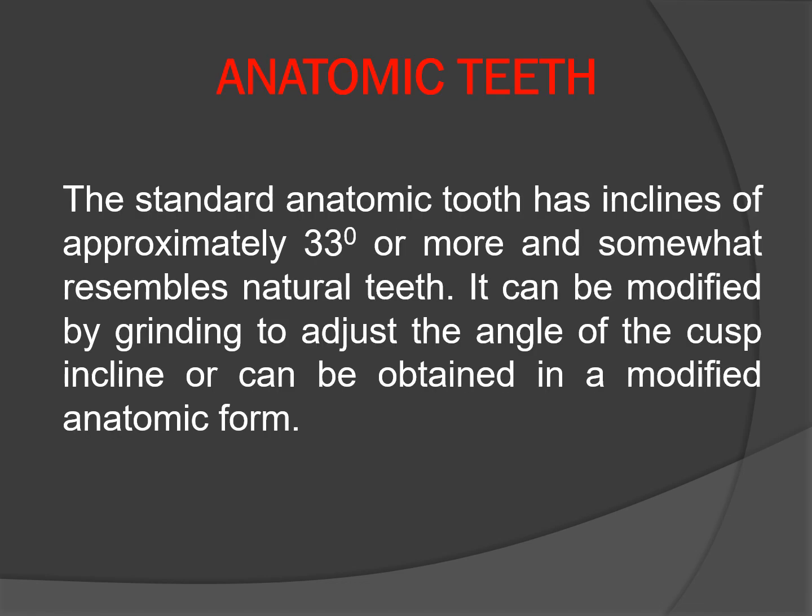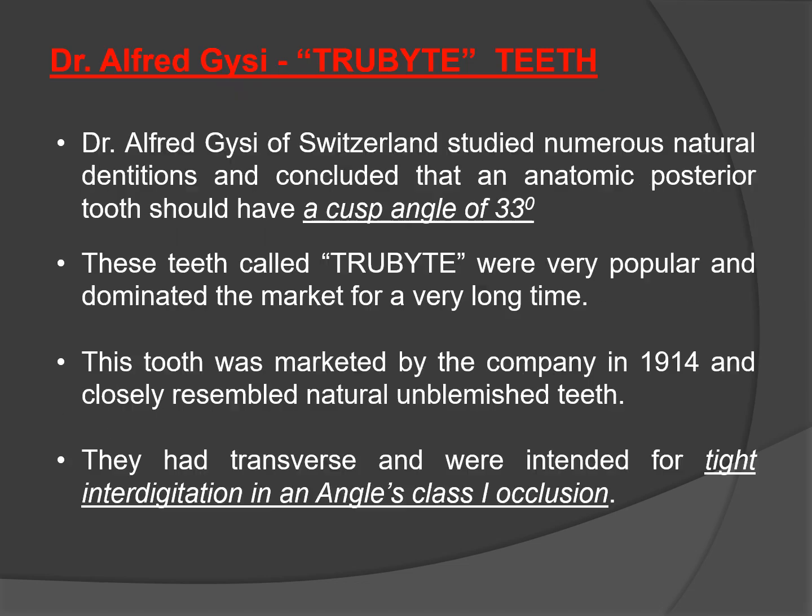As I told you before, the anatomic teeth have a cusp angle of 33 degrees or more, and they look more like a natural dentition. The first anatomic teeth were introduced by Alfred Gysi, and they are called true bite teeth, and they have a cusp angle of around 33 degrees.